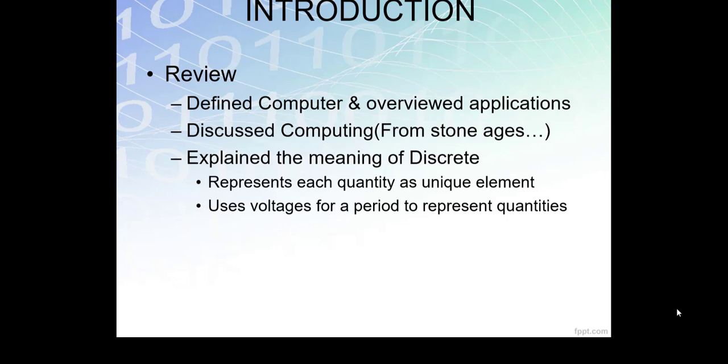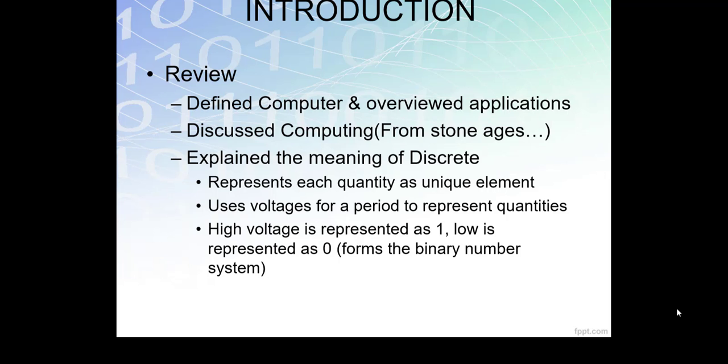For a particular time a process stays fixed. That we call discrete. So what happens in the computer? Within the computer the voltage process is represented as discrete. A high voltage is represented as 1 and low is represented as 0. So it resembles the binary number system.